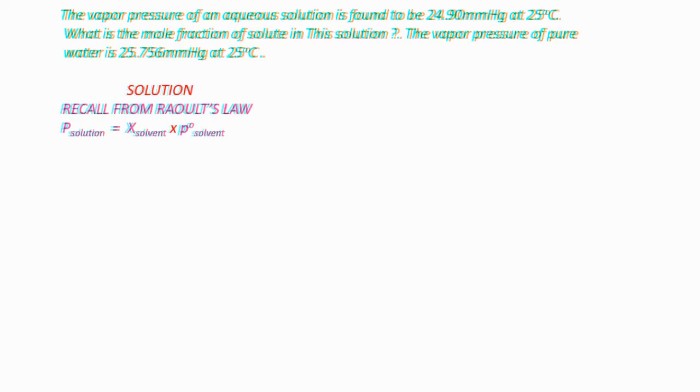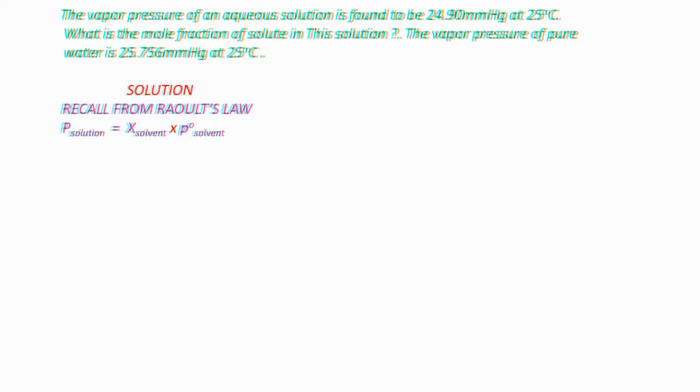Now, P solution. The question said the vapor pressure of an aqueous solution is found to be 24.90 millimeter of mercury. That means that our P solution, because we said P solution is the vapor pressure of the solution.